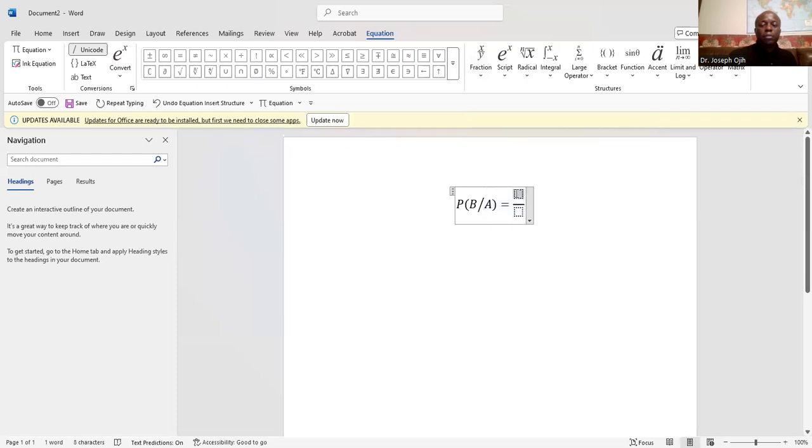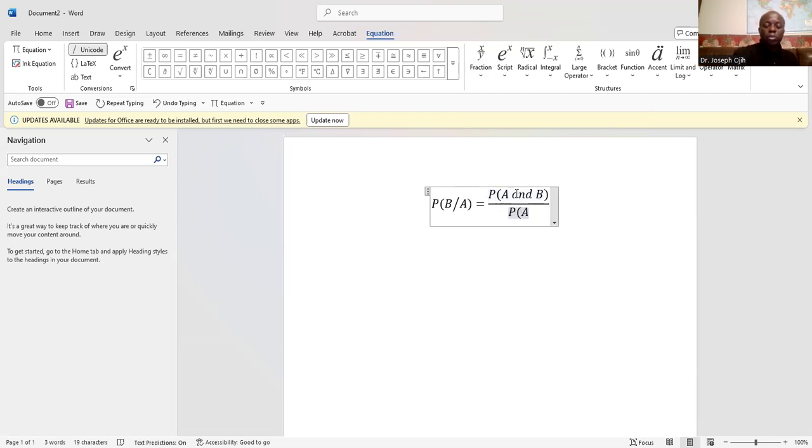the number of points in B and A, because there's still B and A, and the only thing that will change is the condition. Okay, B, but this time around the condition becomes probability of A, since that is the new condition.